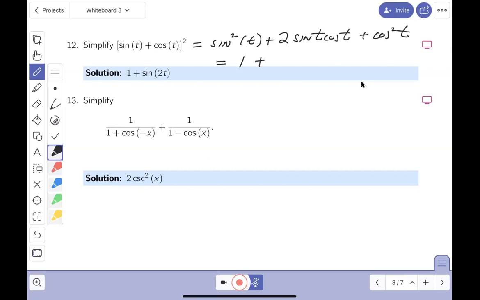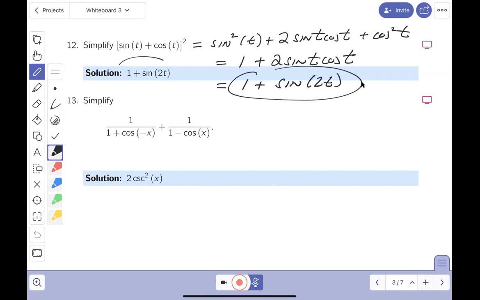So 1 plus 2 sine t cosine t. You should recognize some identities, by the way. I'm seeing the Pythagorean one. I also see a double angle. And what's that? 2 sine t cosine t is actually just sine 2t. Pretty simple.